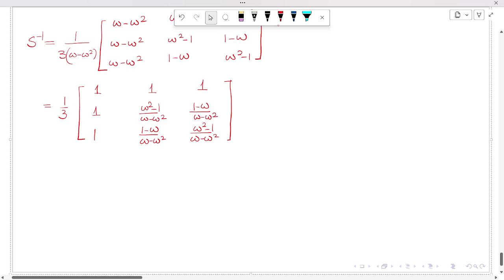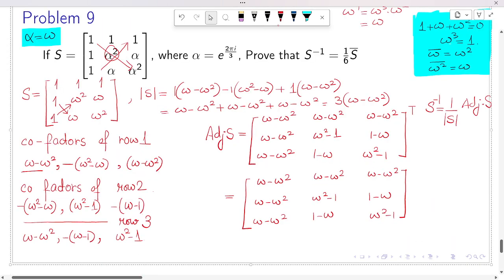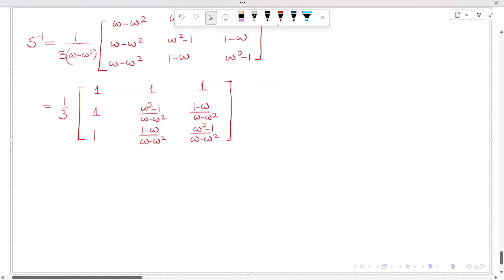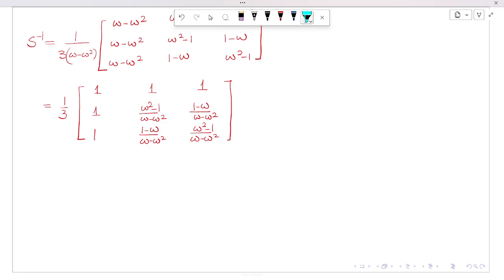What we need to prove is that it should be 1 by 6 outside here. Okay, let us check what happens. Now we need to just calculate these terms. Okay, let us calculate these terms.